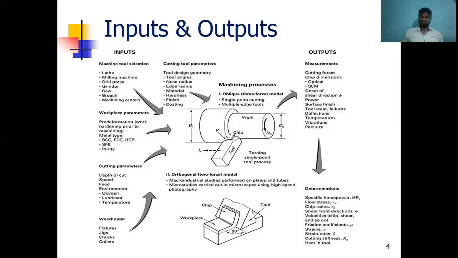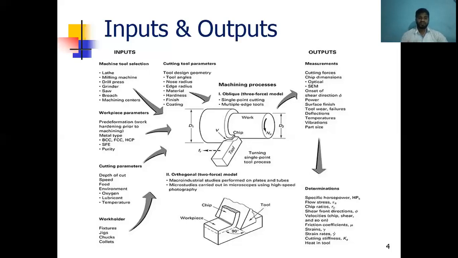cutting tool parameters. Coming to the cutting tool parameters, we know that tool design geometry contains tool angles, nose radius, edge radius, material, hardness, finish, and coating, right?